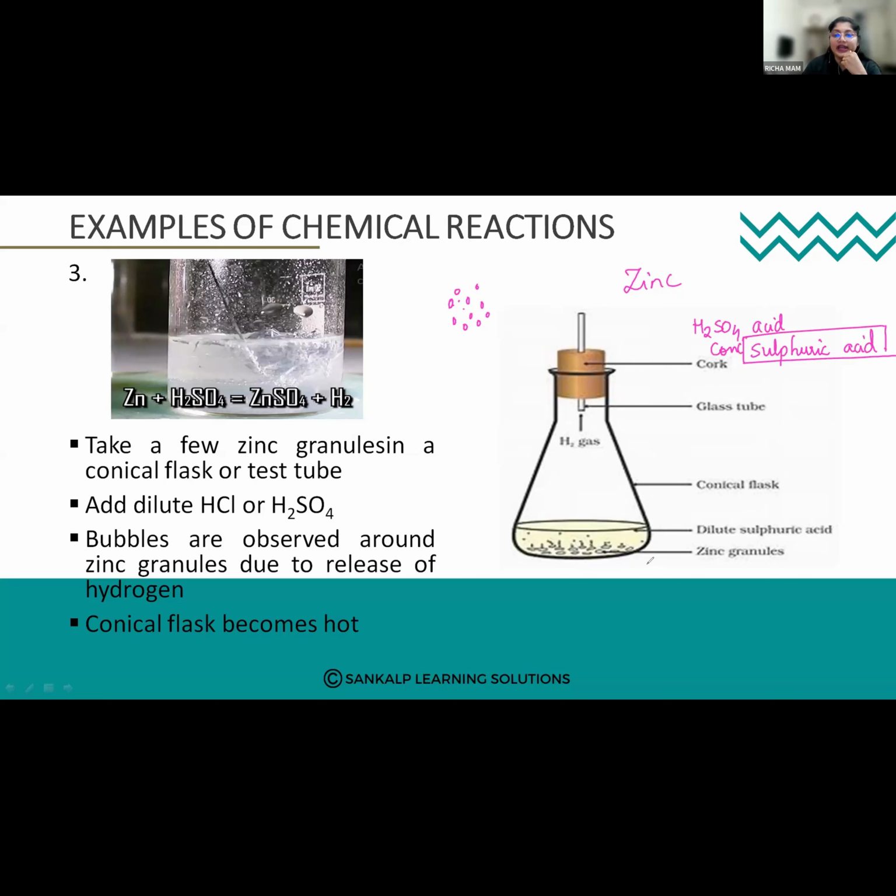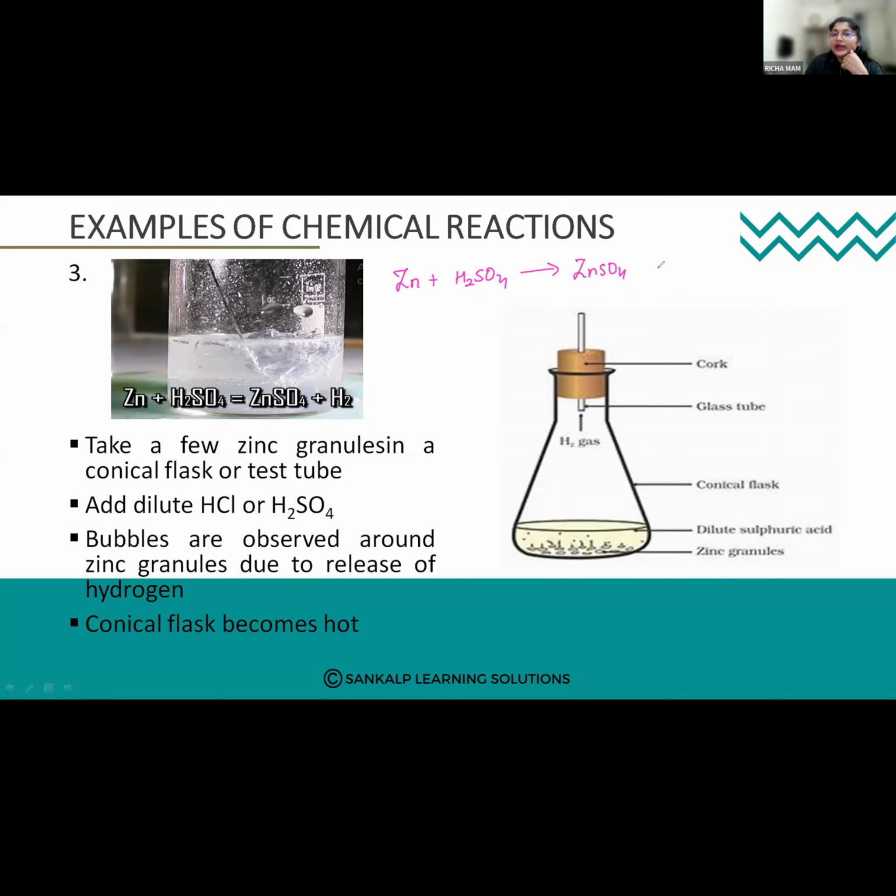So the moment I add your sulfuric acid, what will happen to the zinc? The zinc will react with the sulfate ions. So this is the reaction which is taking place. Zinc reacts with this acid H2SO4 and you get zinc sulfate.